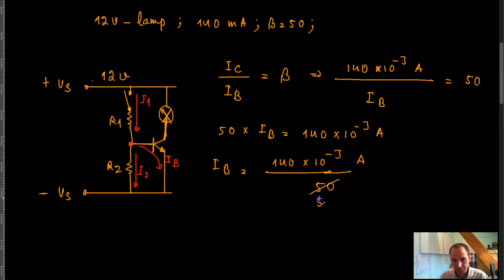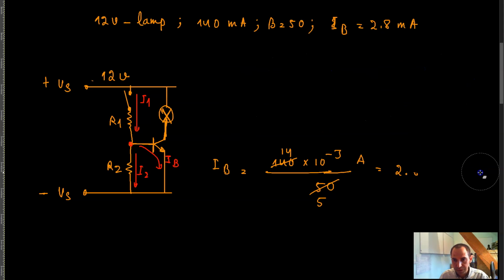Divide by 10, you get 5, divided by 10, you get 14. 14 fifths is the same thing as 2.8 into 10 raised to the power negative 3 amps. That's 2.8 milliamps. So I of B is equal to 2.8 milliamps. That's your base current, this current over here, right?